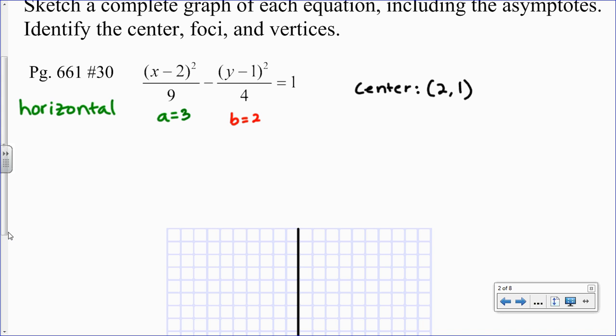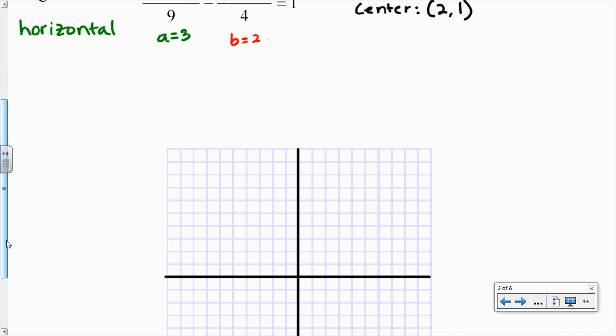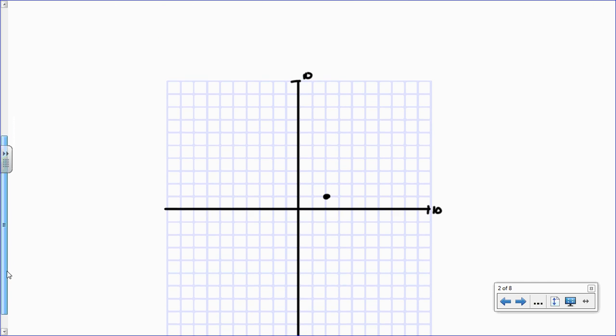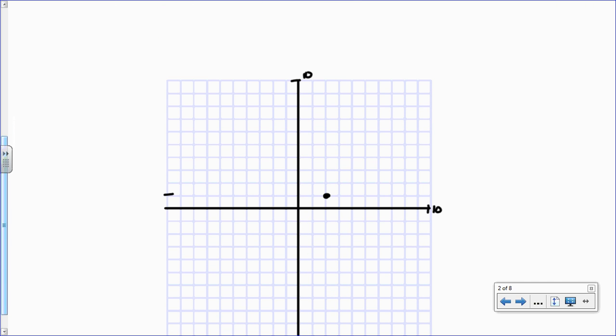All right, so grab your center and let's graph the rectangle. So my center is 2, 1. I could go ahead from my center and do my transverse and conjugate axes. So that is part of this complete graph. These are your transverse and conjugate axes.